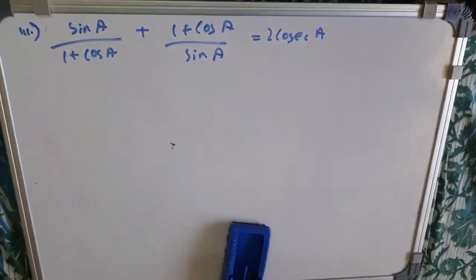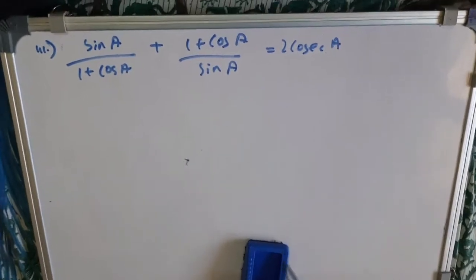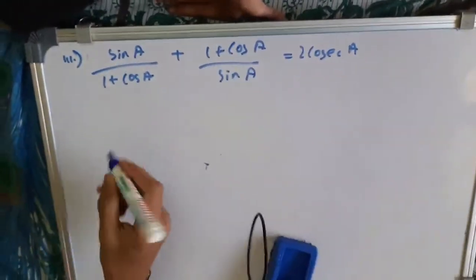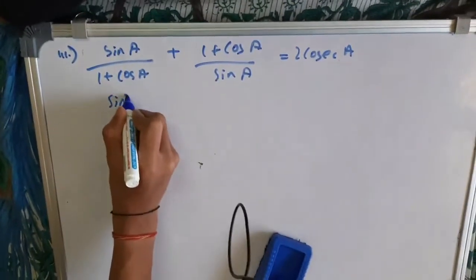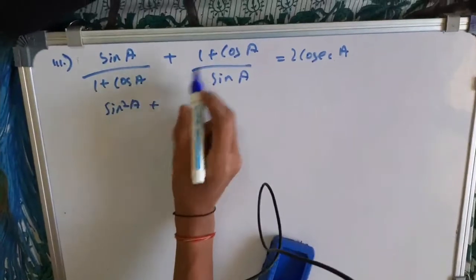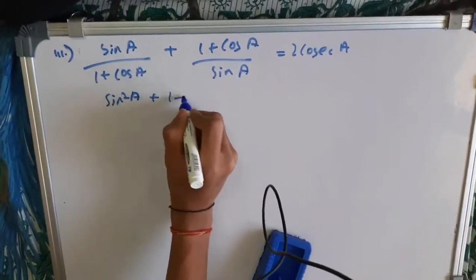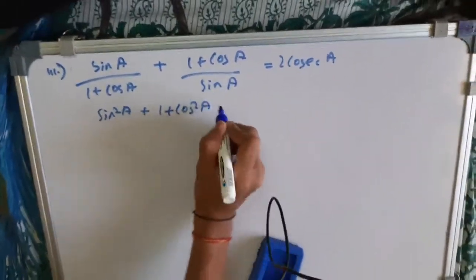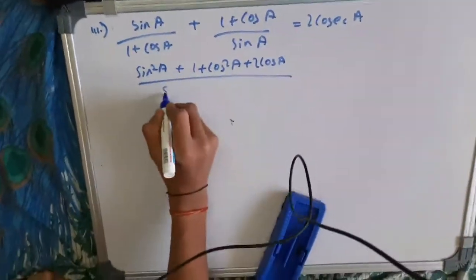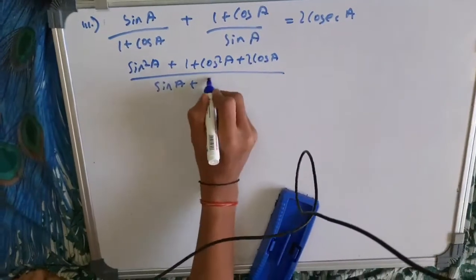So how to do this question? First we would add these fractions: sin square a plus (1 plus cos a) whole square, that is 1 plus cos square a plus 2 cos a, upon sin a plus sin a cos a.